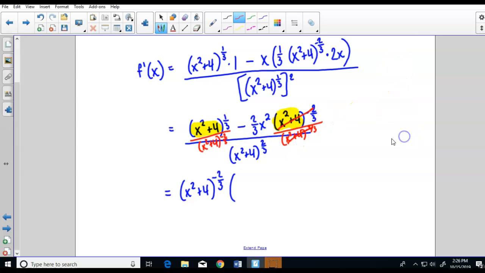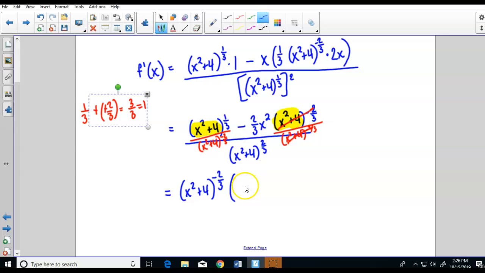Over here, you'll notice this is always the same thing happening. If I subtract my exponents, 1/3 minus negative 2/3, that changes to a plus, and you get 3/3, which is 1. So if you take that lowest exponent out, the fractional exponents go away for you in that part.